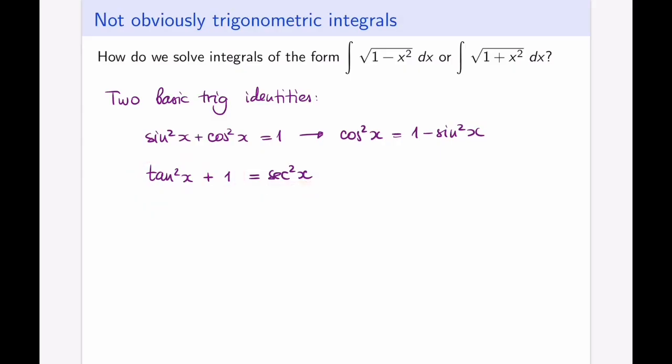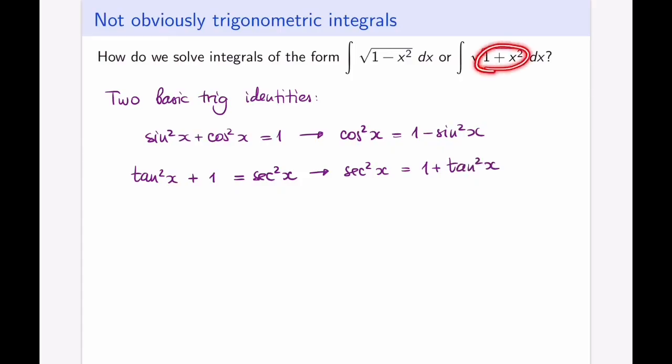I'm going to rewrite this in the most sort of useless form, but just to be consistent with the previous line, I'm simply going to swap left and right sides here. So secant squared x is equal to, well, let me swap the constants too, just to align everything to what I have above, 1 plus tangent squared x. And now let's see, this 1 plus something squared is in the same form as this, 1 plus tangent squared.